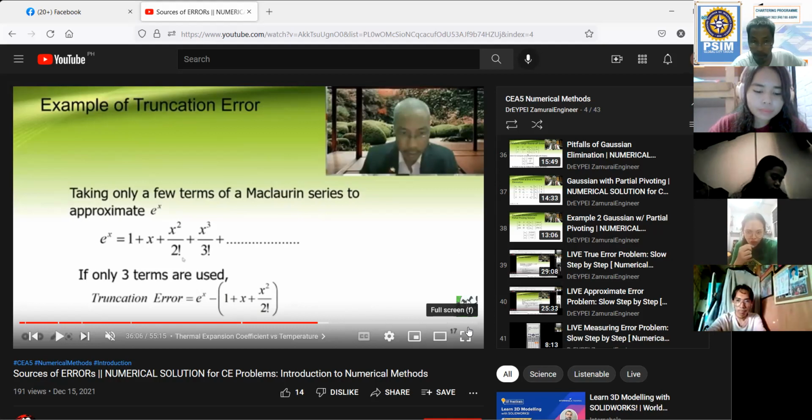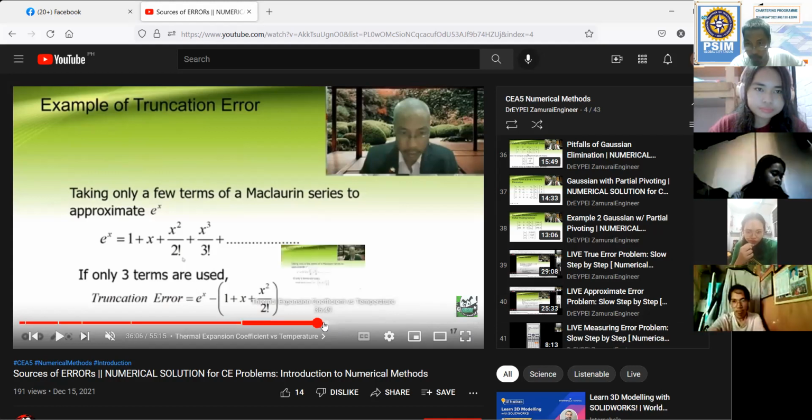How does our calculator compute? How does Excel compute? They are using Taylor series in order to estimate.